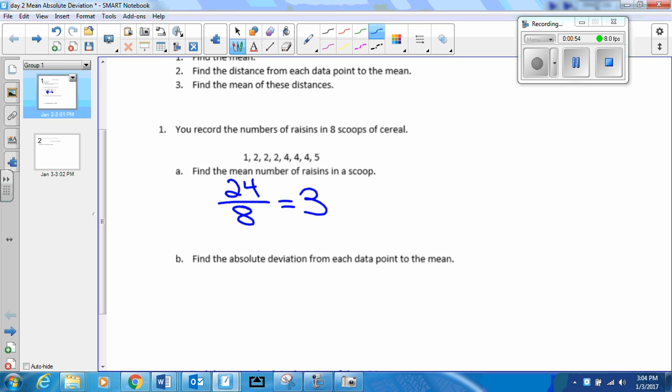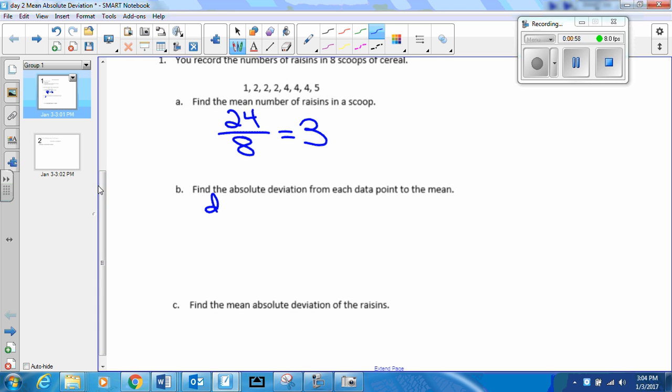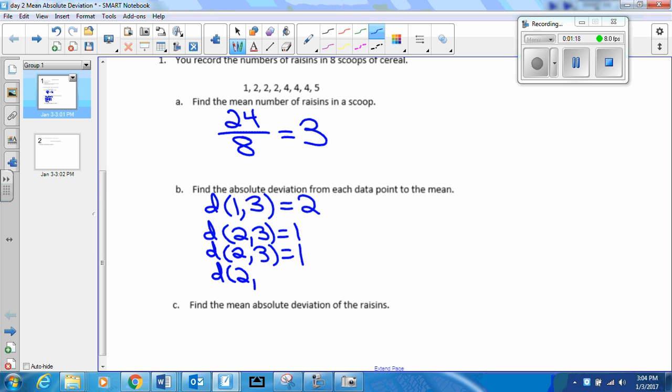Part B, find the absolute deviation from each data point to the mean. That means I'm finding the distance from each data value to the mean. The distance between 1 and 3 is 2. The distance from 2 to 3 is 1, and the next two 2s are each 1 as well.